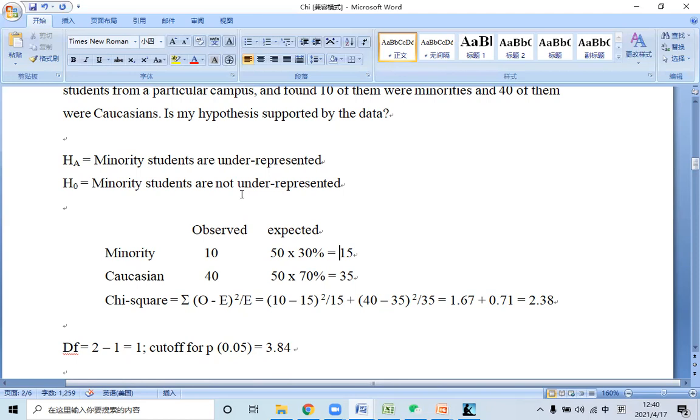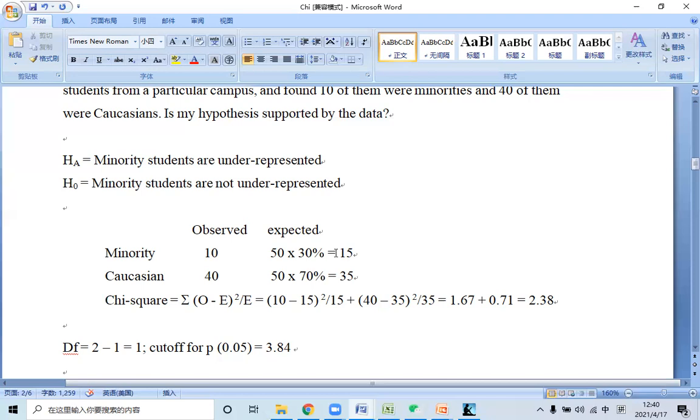Again, supposing that your white students on campus have the same proportion as the general population, 70%. Out of your sample of 50 students, you would be expecting 70%. That is 35 of them should be white. This is the expected value.